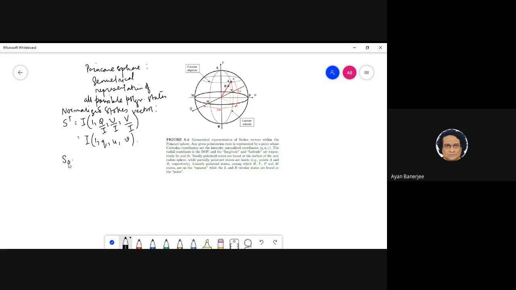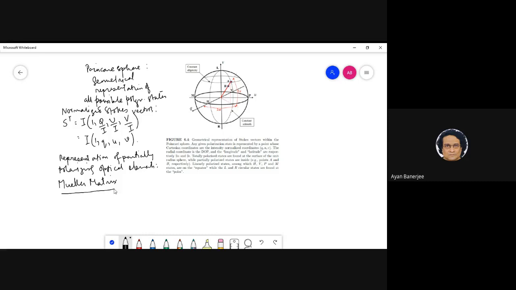Now we go to the description of the representation of partially polarizing optical elements. And that is the Muller matrix, which was developed by Herr Muller sometime in the 40s again.